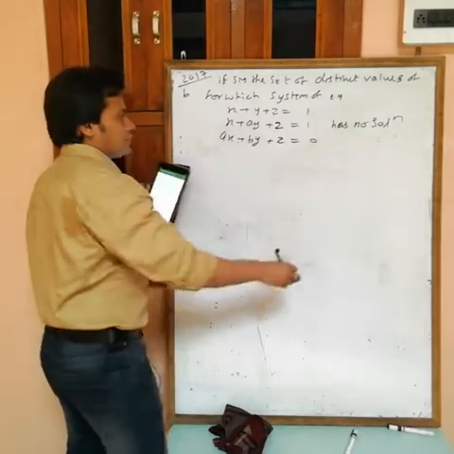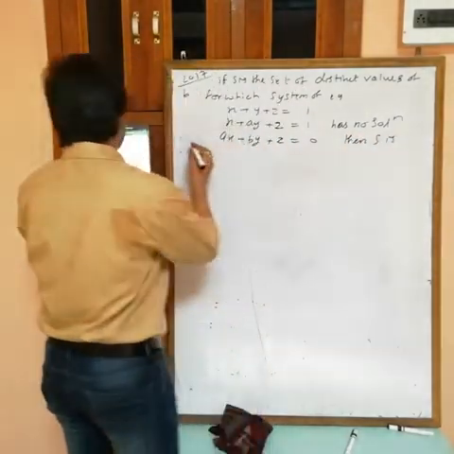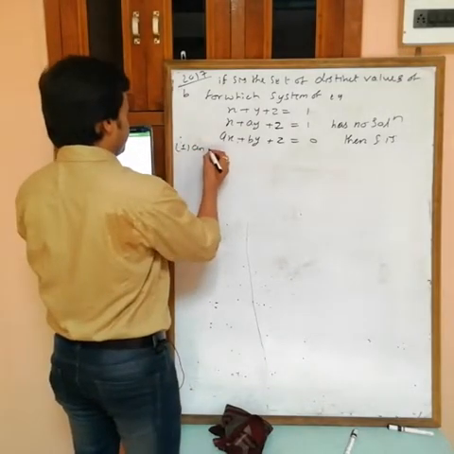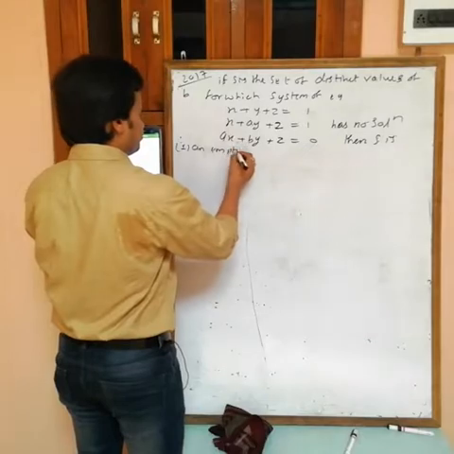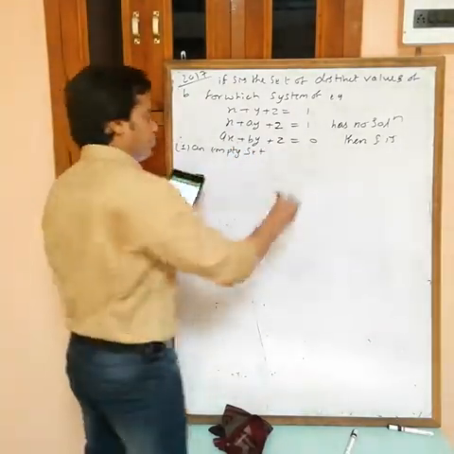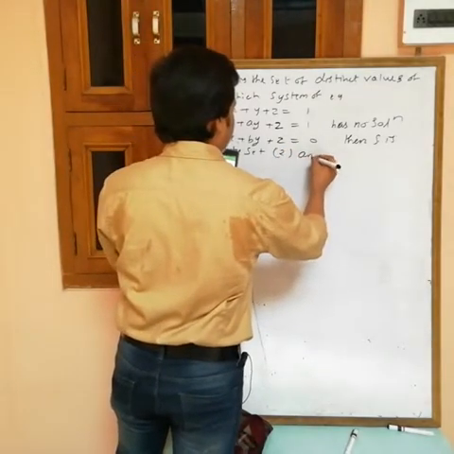Then S is, first option, an empty set. It means there is no such value of b. Second one, an infinite set.